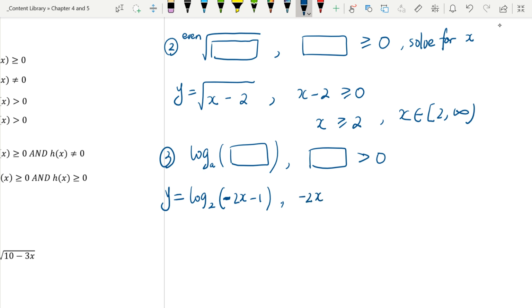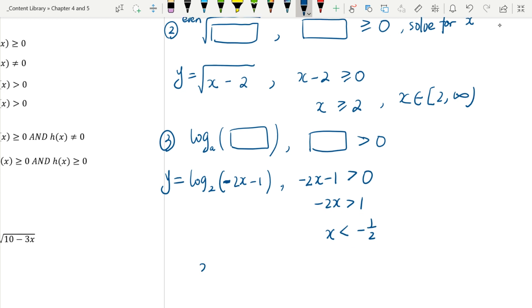So minus 2x minus 1 must be positive. I'll move the 1 first, and then divide by -2. I have -1/2 on the side, and the sign flips. Okay, less than that.